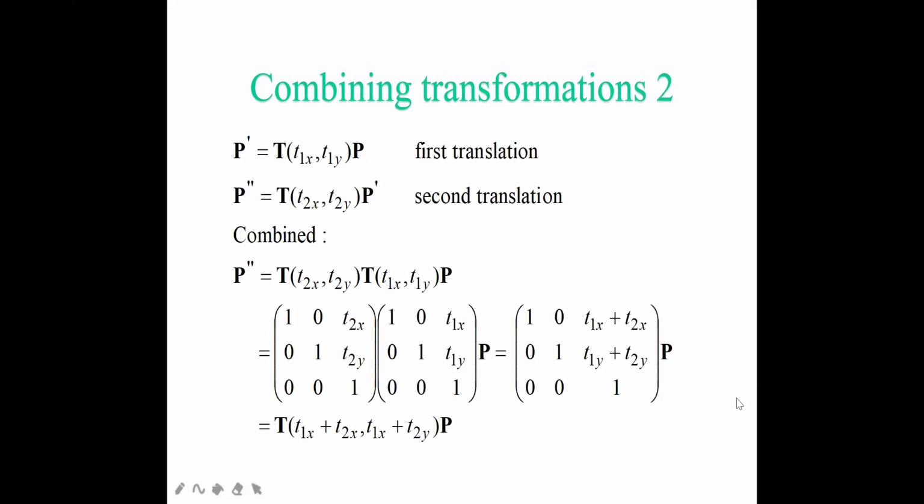Now here you can see one more combination. If I want to apply the same thing, instead of M1 and M2, instead of M1 I can put the translation vector, the translational matrix of x and y. So here I'm going to write T1x comma T1y.